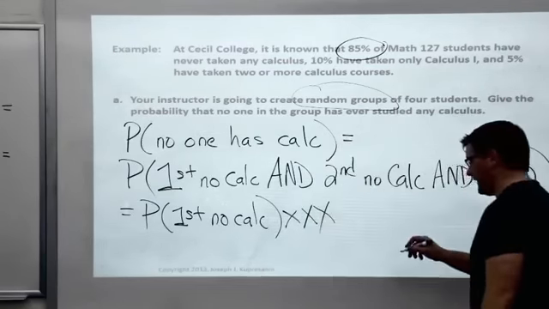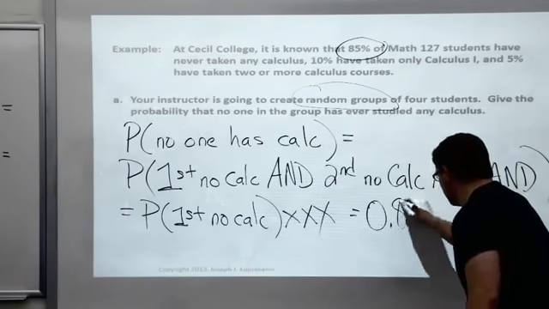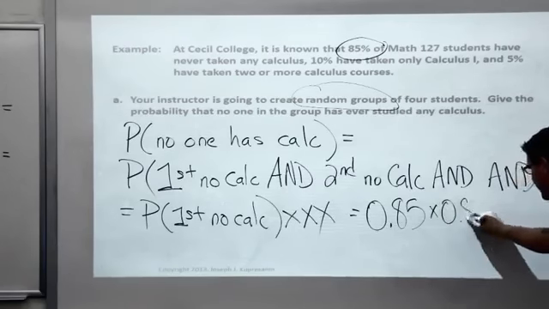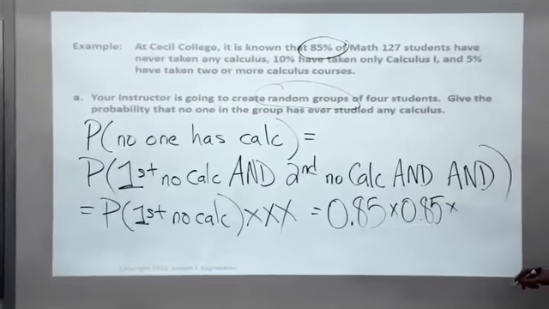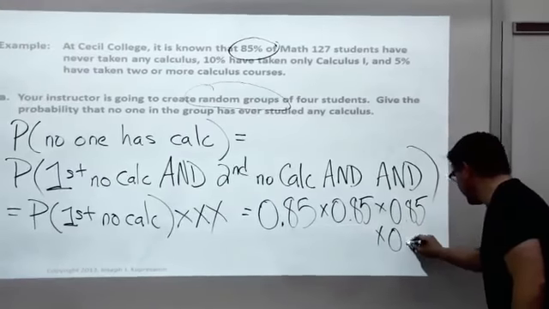Here's the lazy man's way of notating that: 0.85 times 0.85 times 0.85 times 0.85.